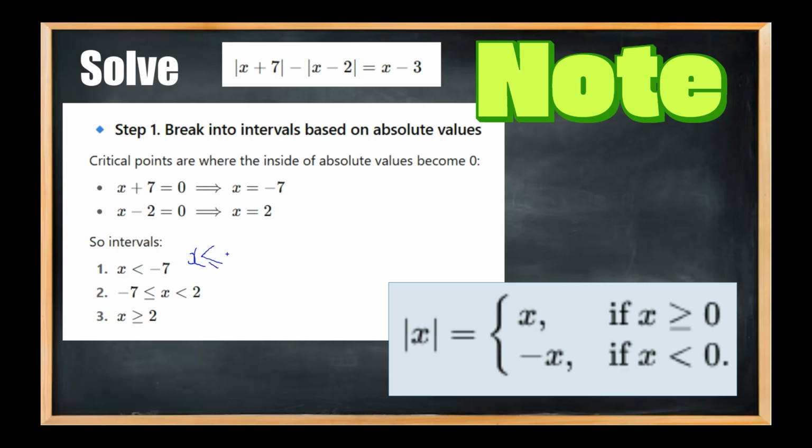I could have written the intervals another way: x less than or equal to minus 7, then minus 7 less than x less than or equal to 2, and x greater than 2.